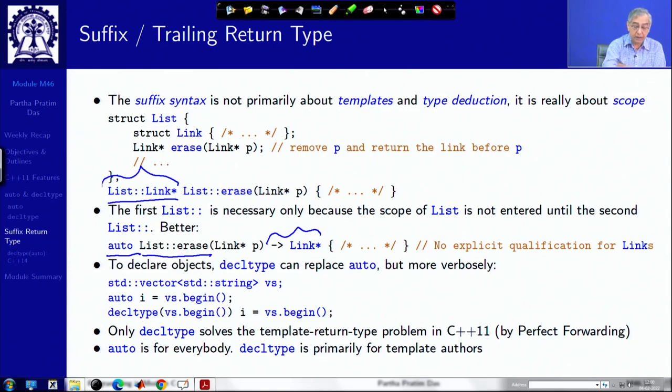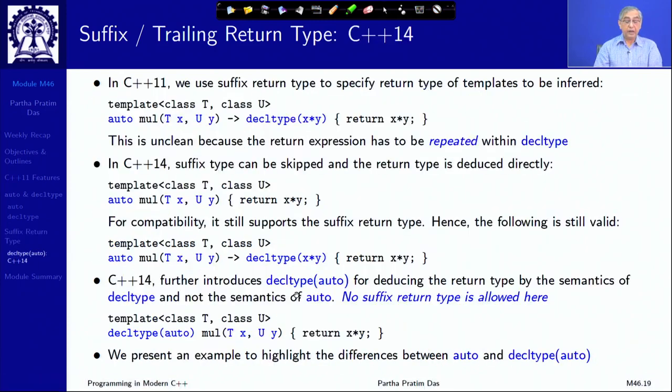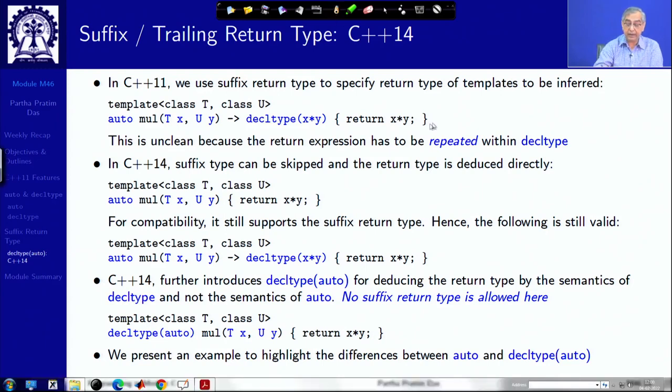So, this is how decltype specifically helps you in doing a variety of different deductions, and as you can see, we can use it in C++11 in this form. When you come to C++14, you get something which is even more interesting.